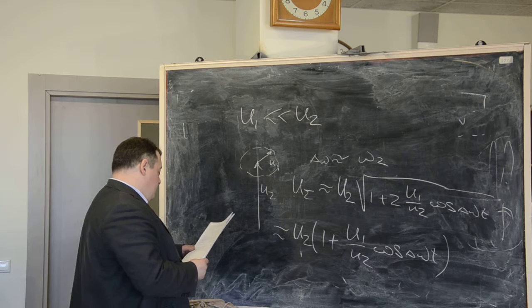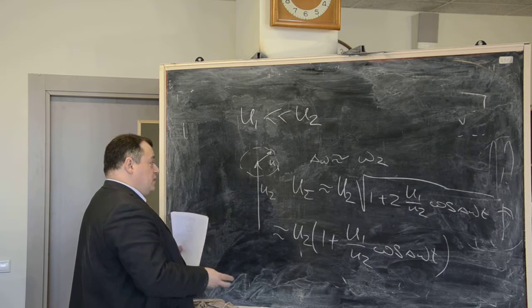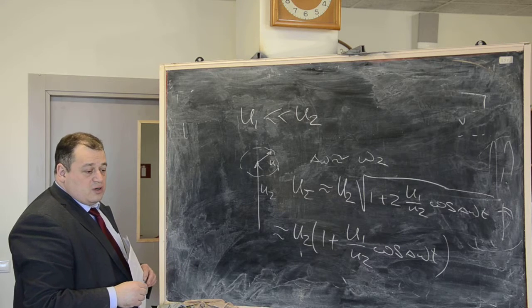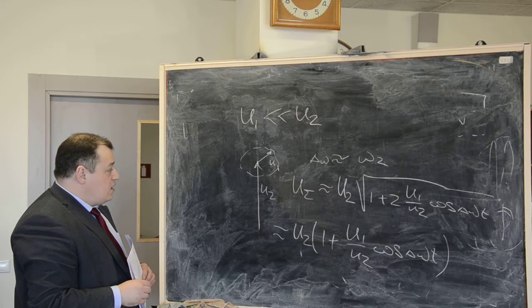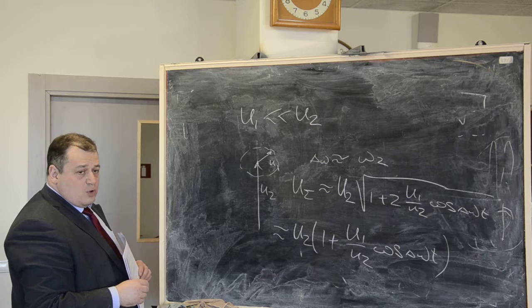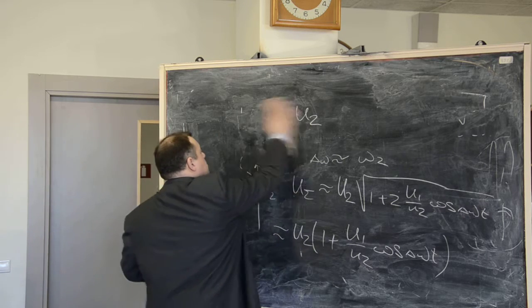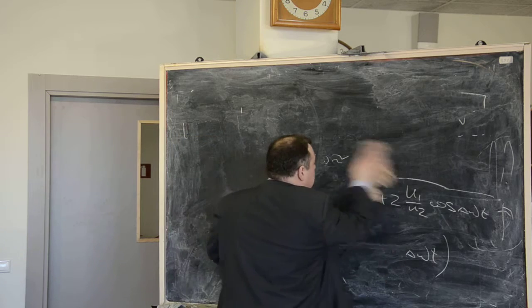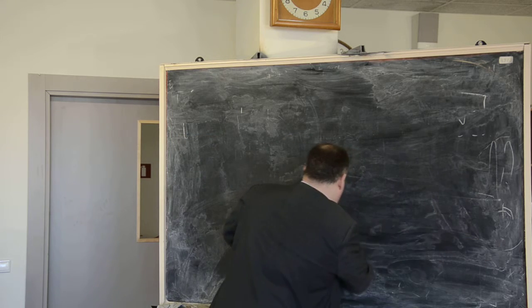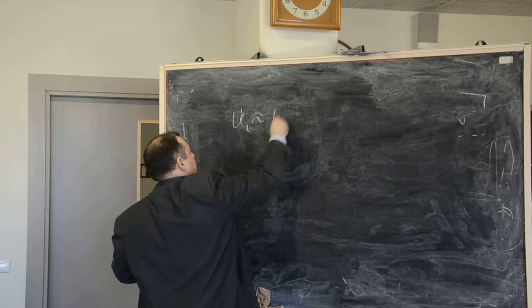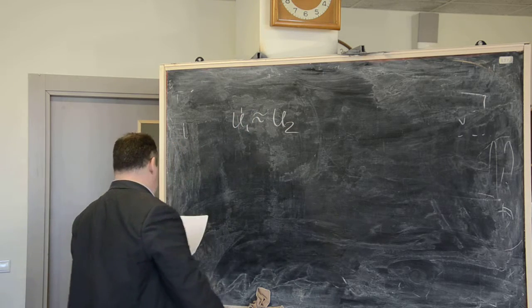But what if in this case we have virtually harmonic output? In fact, the output will be very close to cosine. But what if the voltages are close? What if they are near?